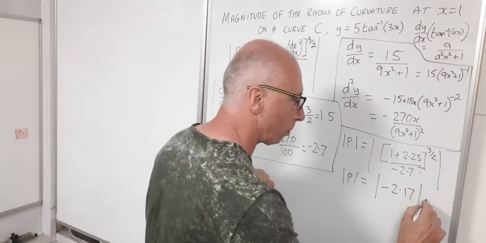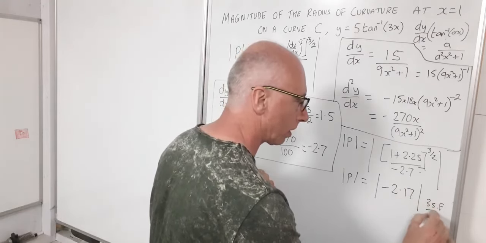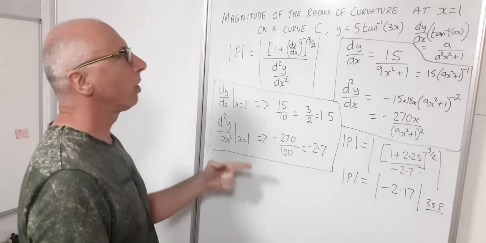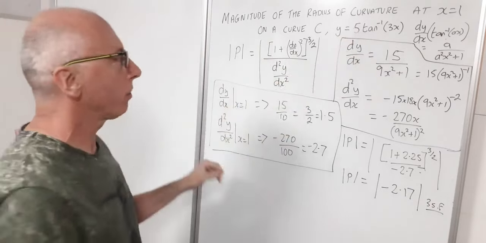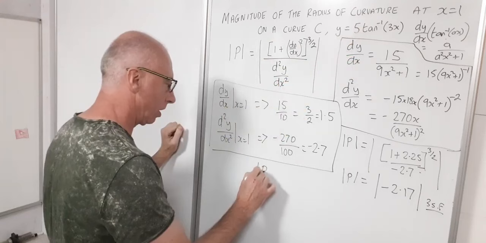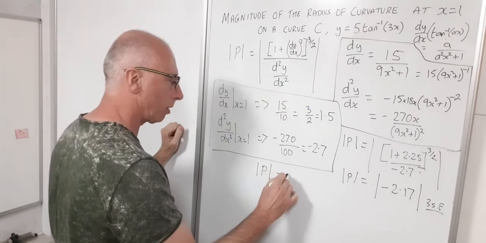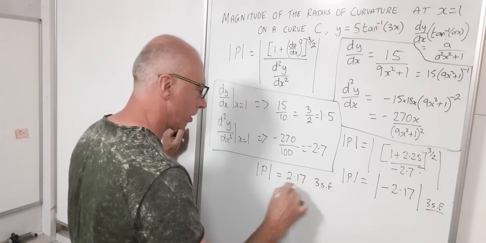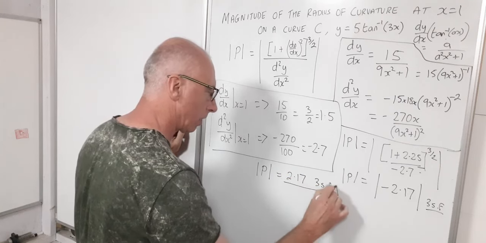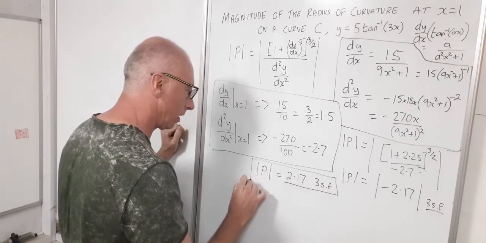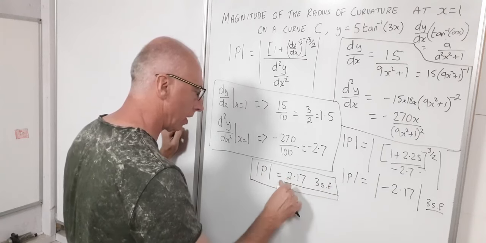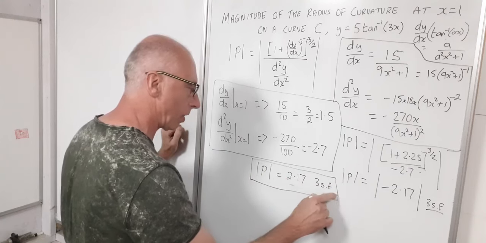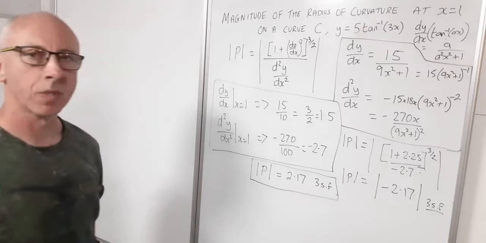Bear in mind, this is to 3 significant figures. So therefore, our magnitude for the radius of curvature, which is Greek letter rho, equals 2.17 to 3 significant figures. And that is our answer. Let me just put that in there, nice little box. Okay.